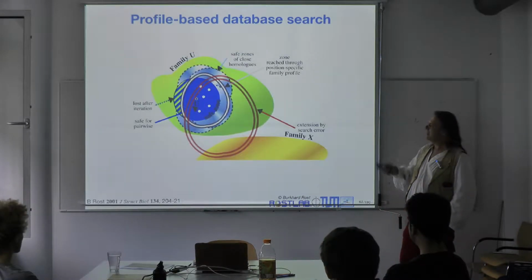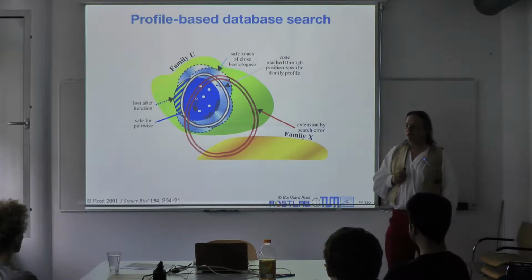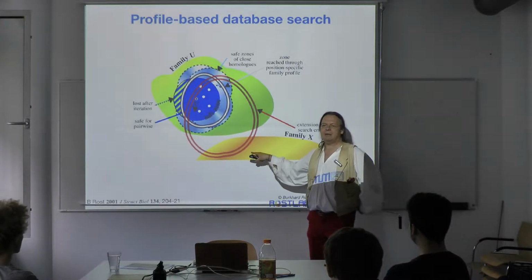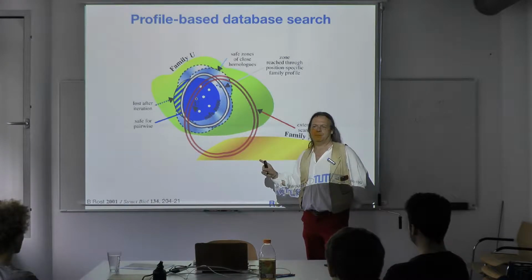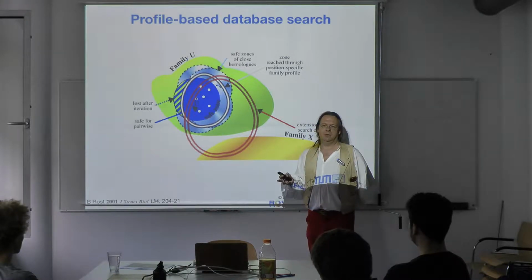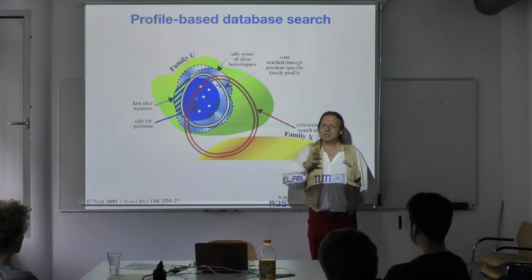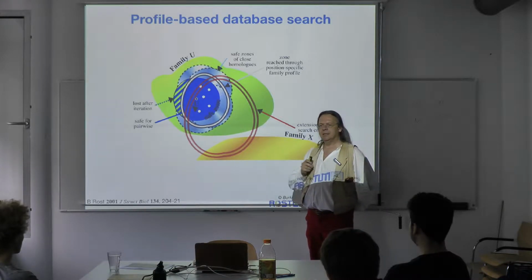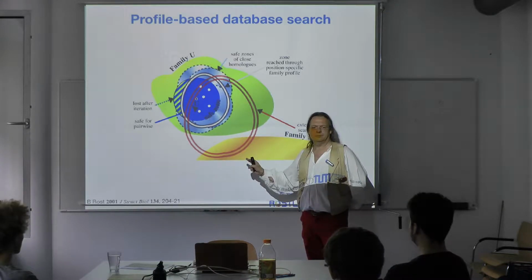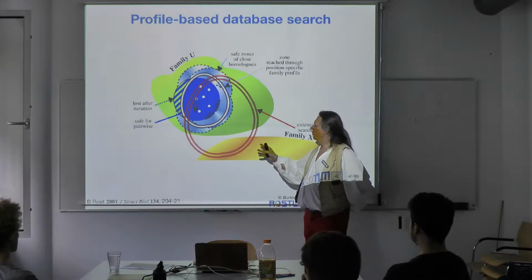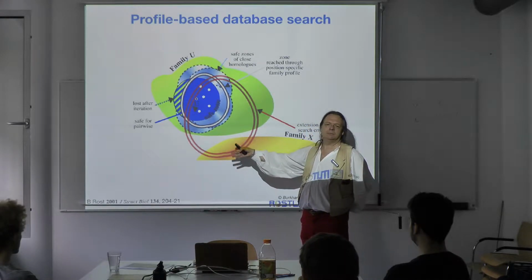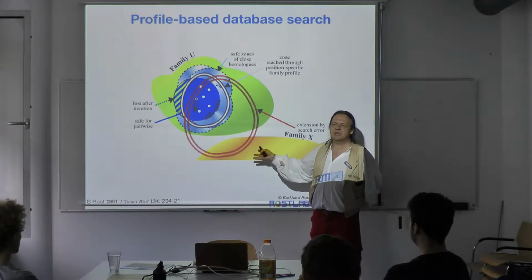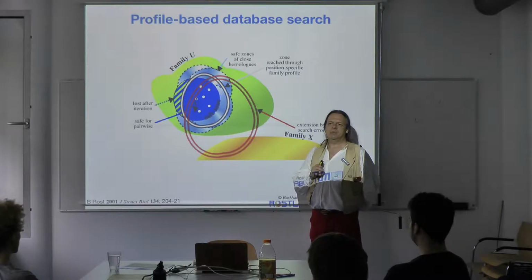Okay, let's go further. Let's do a couple of iterations. And let's say at some point of the iteration, you pull in a family that has a different structure. Mistake. Okay? Now my question to you is, what's going to be the next step? Say what you pull in here are 5 or 10% of the proteins.